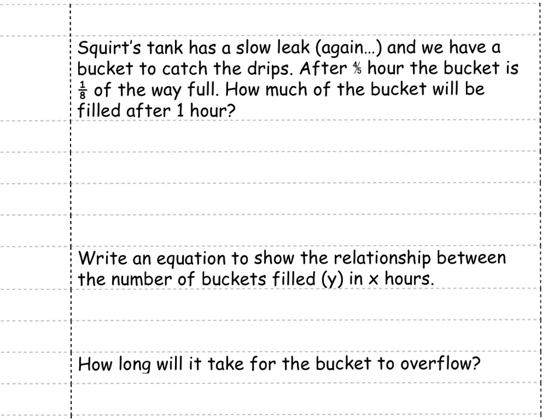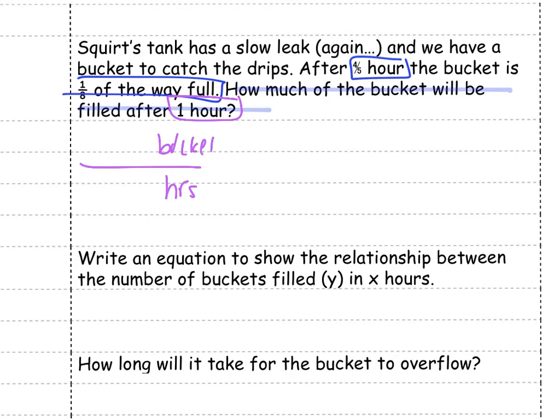Our next problem says Squirt's tank has a slow leak again, and we have a bucket to catch the drips. After 4/5 of an hour, the bucket is 1/8 of the way full. How much of the bucket will be filled after 1 hour? So remember, we are talking about 1 hour. So when I'm finding this unit rate or constant of proportionality, I want hours on the bottom and buckets on the top.